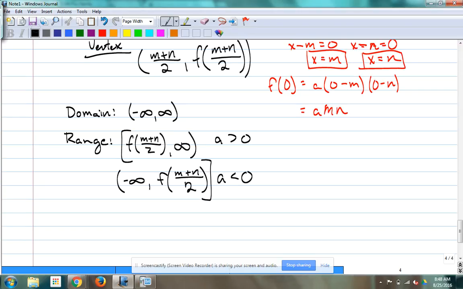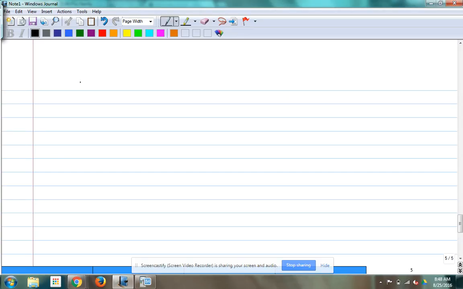Okay. Let's get an example of this stuff. Example C: h of x equals negative 6 times (x plus 7)(x minus 8). So that's in intercept form, or factored form.